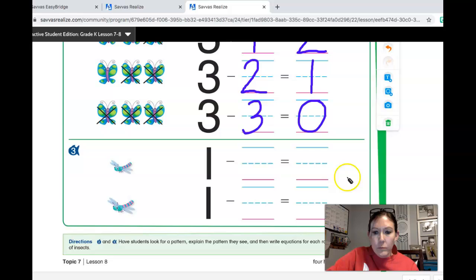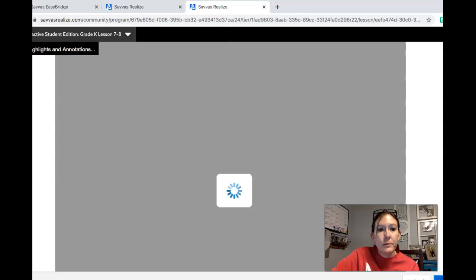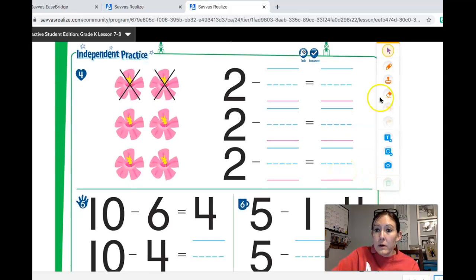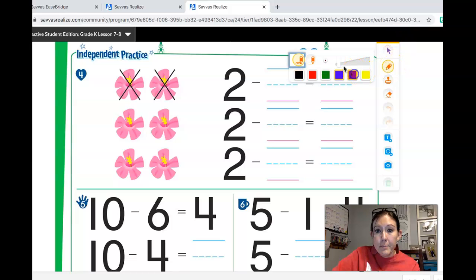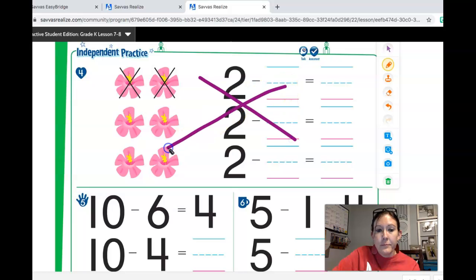Let's see. We are going to go ahead and skip number 3. Don't worry about it. Go ahead and turn to the next page. We are also going to skip number 4 heart. So I'm just going to put an X on it.